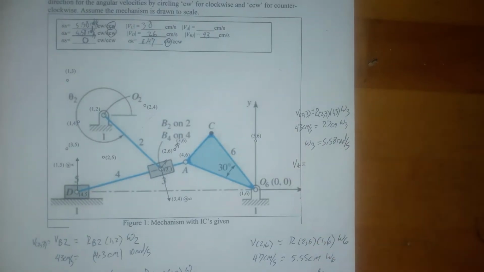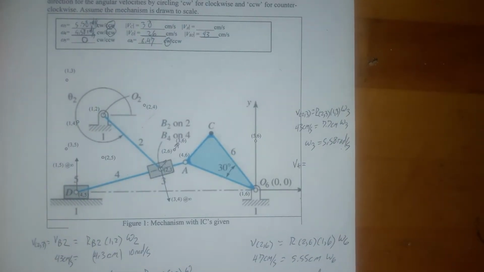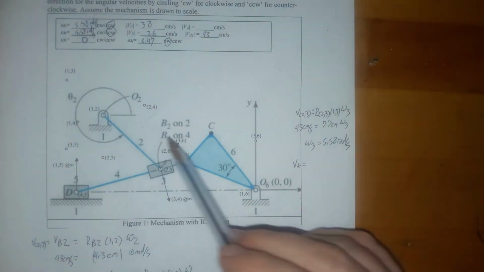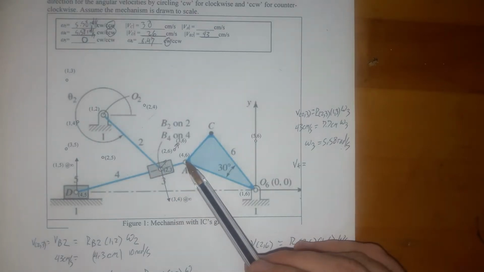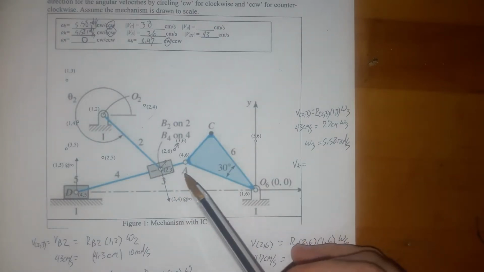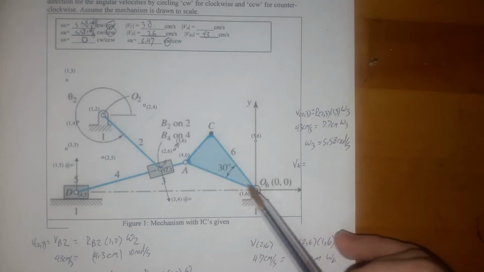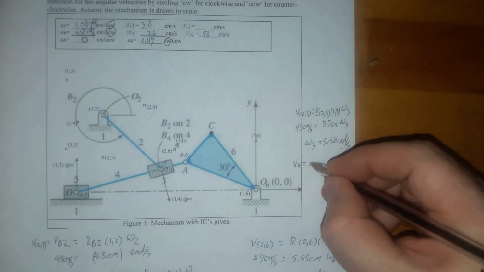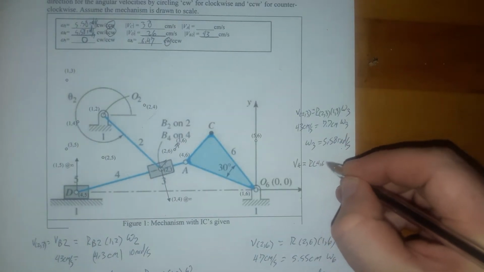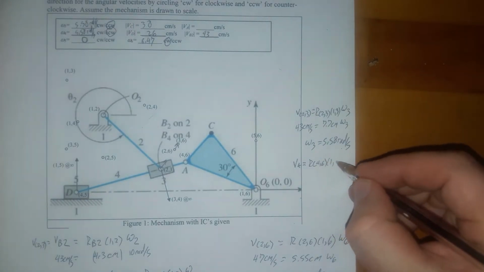VA, and I have a couple different ways. I know the omega 4, so I could find the distance from 1,4 to A, since it's a point on both link 4 and link 6, or I can find the distance from 1,6 to 4,6. And so I'm going to take it with respect to 1,6.